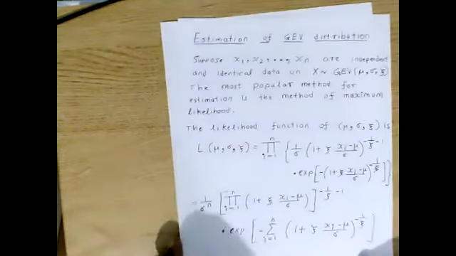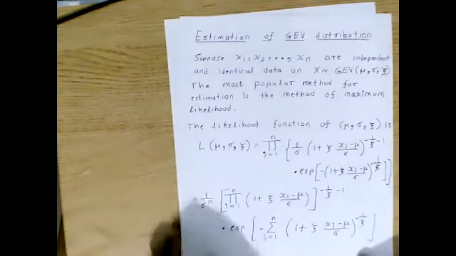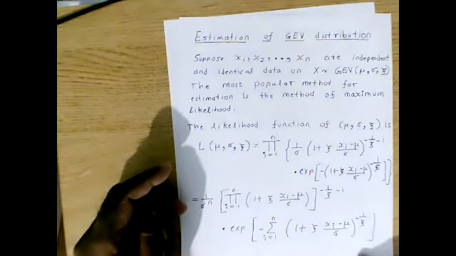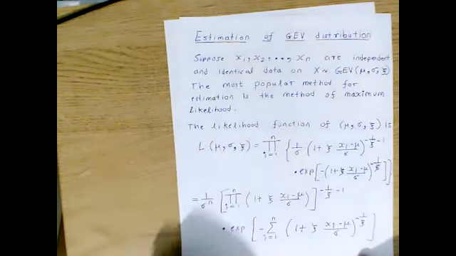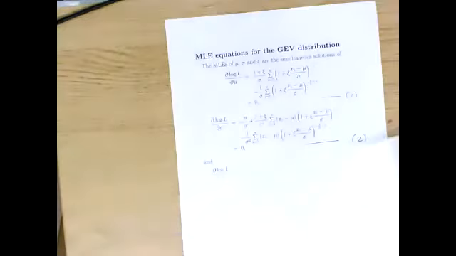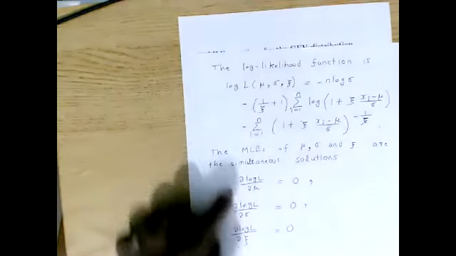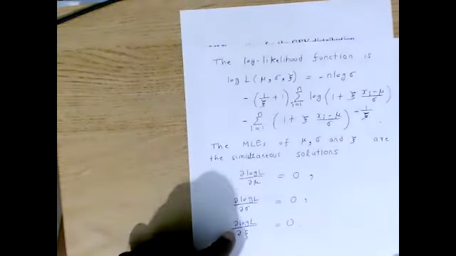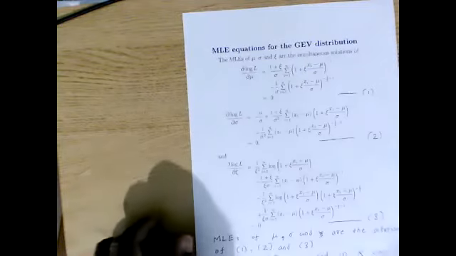Okay, and these are estimation methods for the GEV, right? So I'm using maximum likelihood. I'm sure all of you are familiar with MLE, right? So you have 3 parameters, so the likelihood is a function of 3 parameters, and this is the log likelihood, and these are the 3 partial derivatives set equal to 0, right?